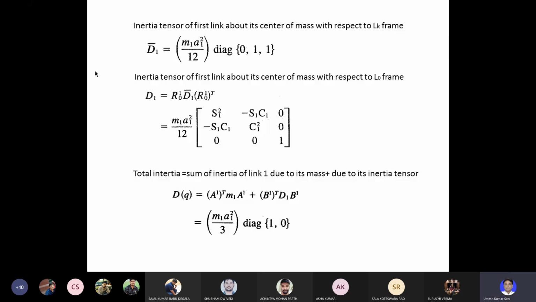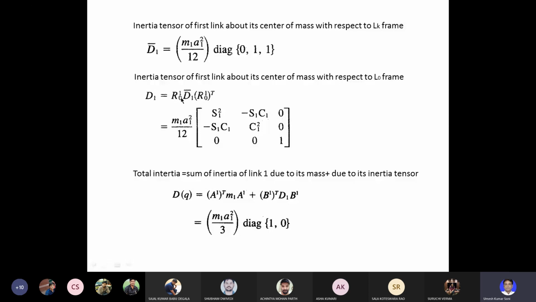So you calculate the inertia tensor of the first link about its center of mass with respect to the base frame. This is the representation with respect to the L1 frame.